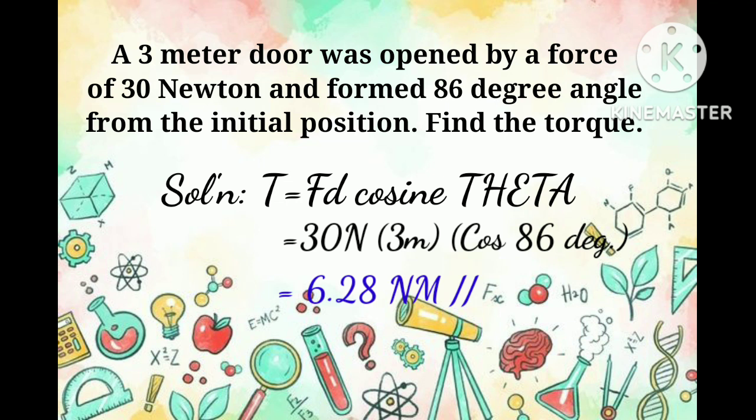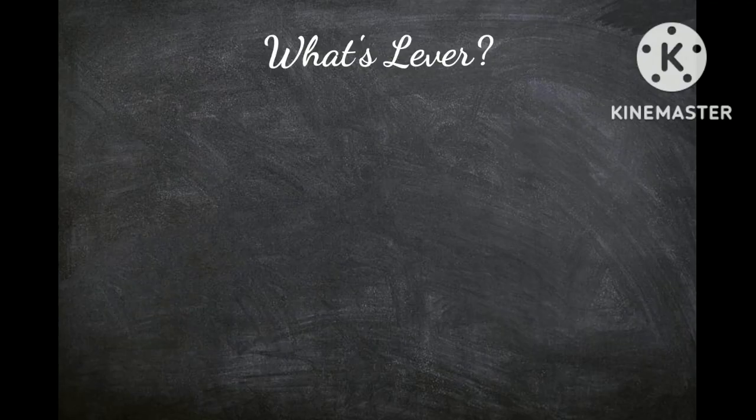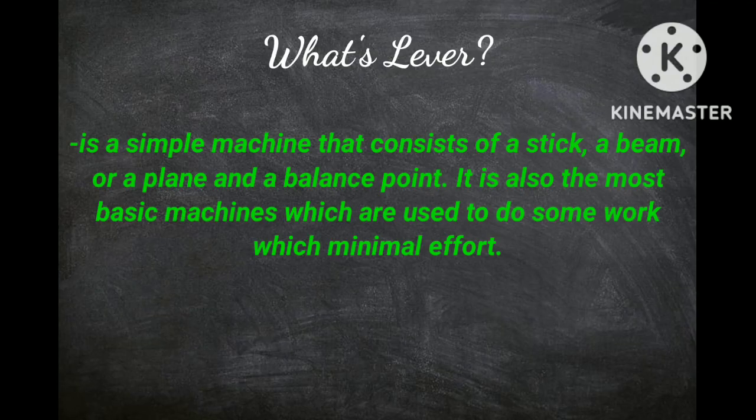Now, let's move on to the next topic. A lever is a simple machine that consists of a stick, a beam, or a plane, and a balance point. It is also one of the most basic machines used to do work with minimal effort.